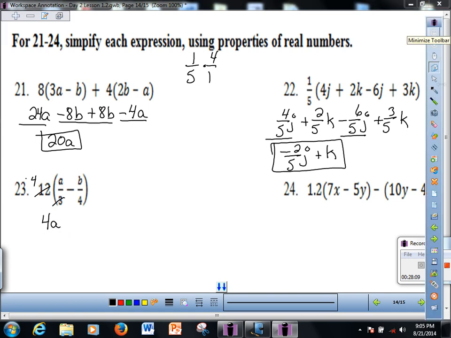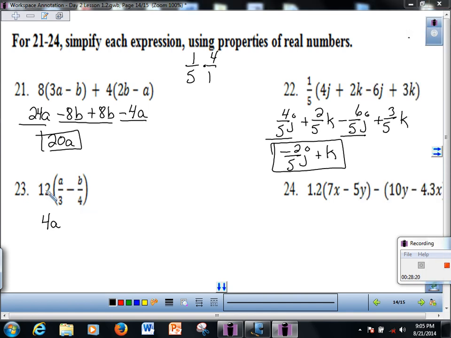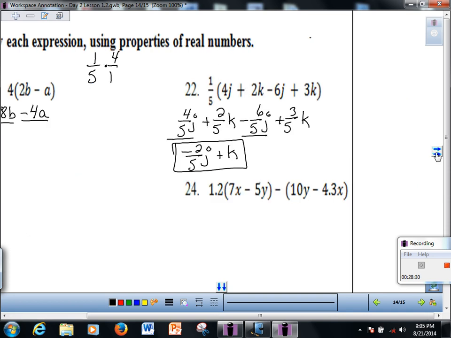And then I'm going to do the same thing, but I'm going to use the 4. 4 goes into 12 3 times, b, so minus 3b. Like I said, if you've got your calculator on these, it's even easier.